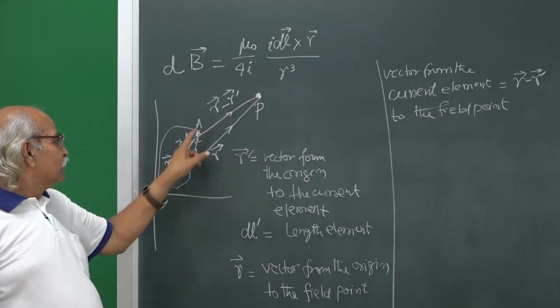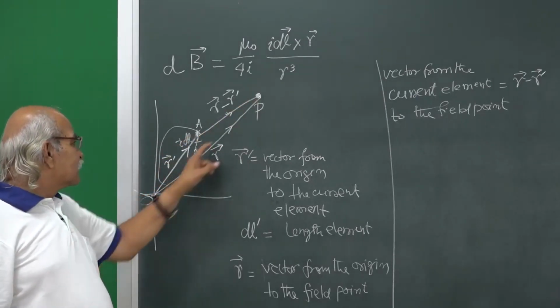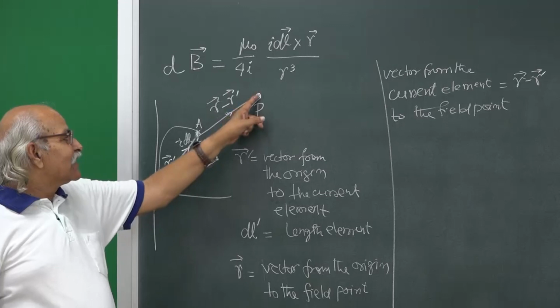So, if you come from here to here, and then here to here you add these two vectors, you get that AP.